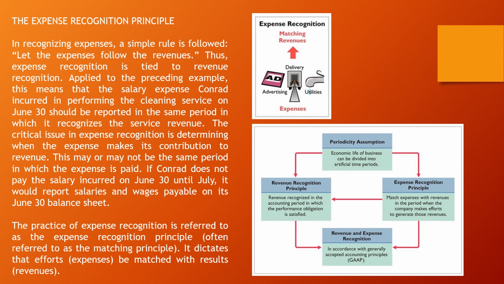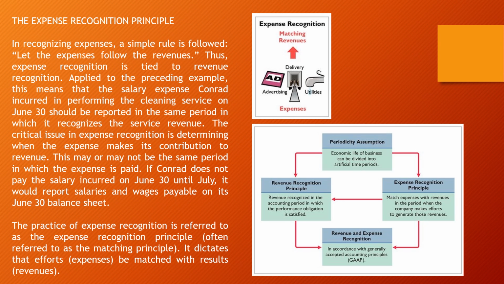If the company incurs salary in June but pays it in July, it would report salaries and wages payable on June 30th on the balance sheet. The practice of expense recognition is referred to as the expense recognition principle, often called the matching principle.